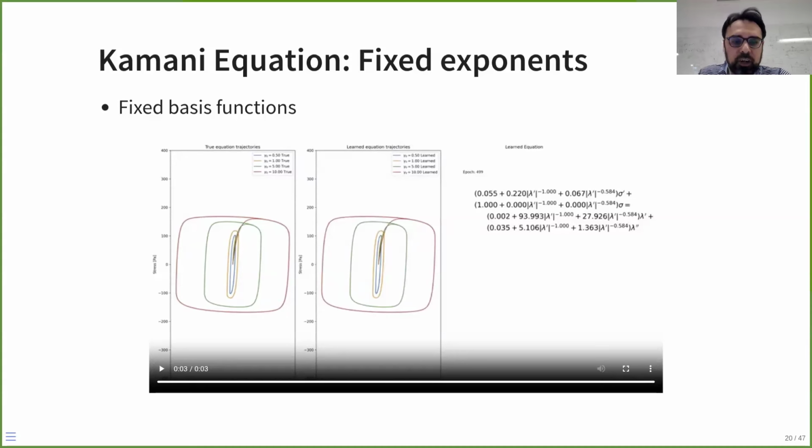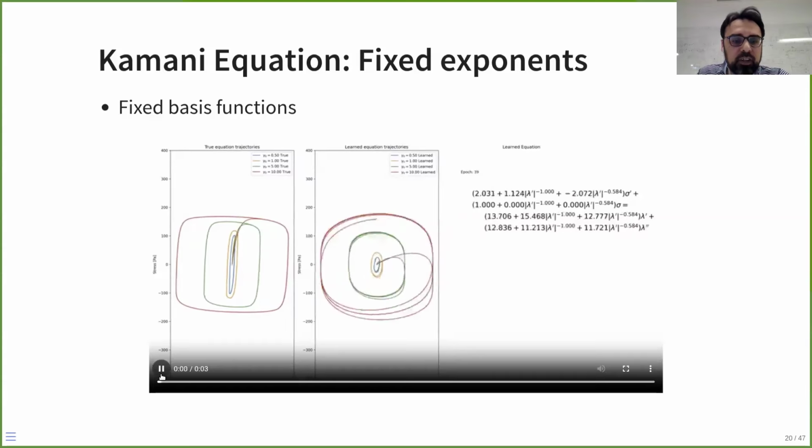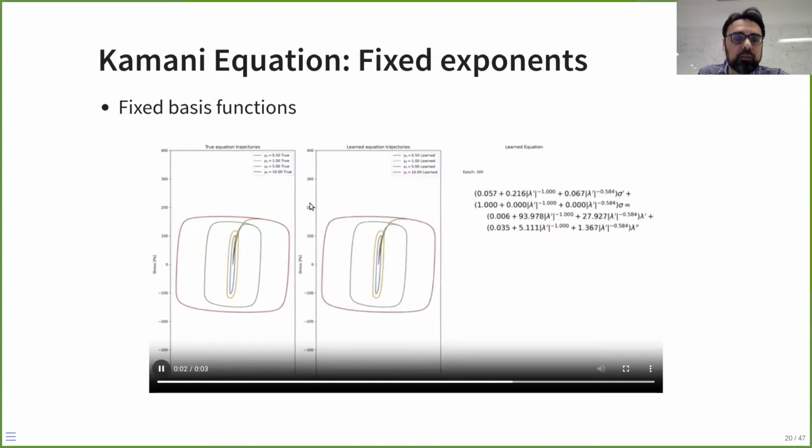Within a few iterations, it can find the exact parameters, excluding the ones that are already given, which are the ground truth exponents. So that's exact recovery for the Kamani equation parameters.